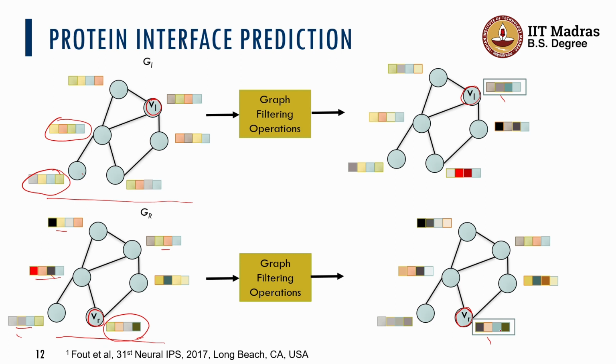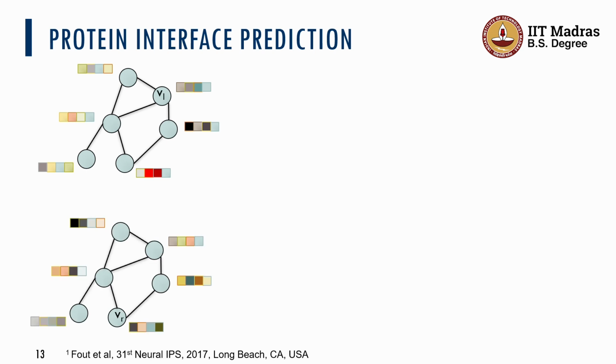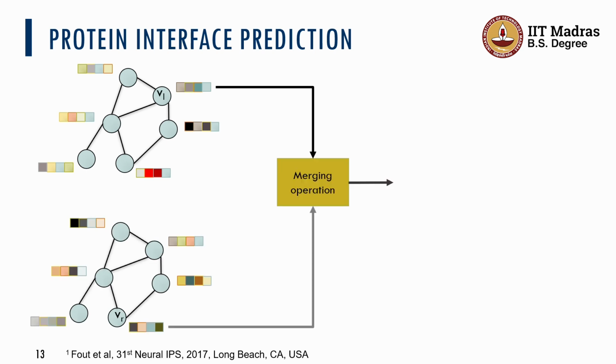These are the new feature vectors. What I'm going to do is take these two features, perform a merging operation, and create a merged feature for these two nodes, or pair features, as I will call it.